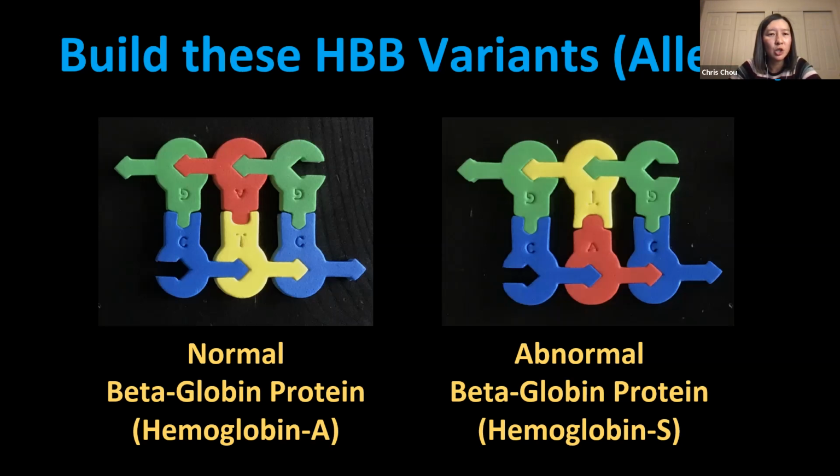You see the GAG on one strand and CTC on the complementary strand. We call that the normal beta globin protein version at that location on the gene. On the other side, on the right side, you see where one of the letters, or nucleotides, has been changed.